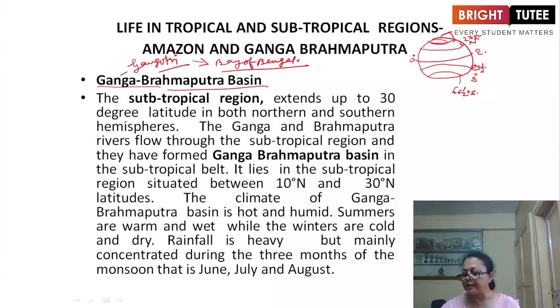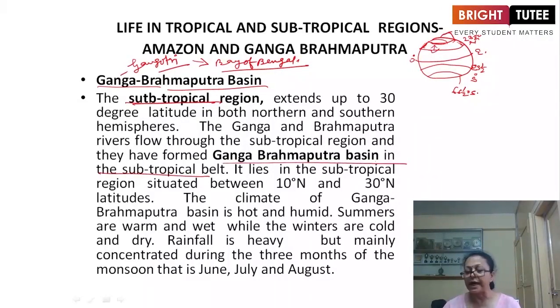So in between the 30 degree north and the 30 degree south, this region is known as the subtropical region. This extends up to 30 degree. The Ganga and Brahmaputra river flows through the subtropical region, and they have formed the Ganga Brahmaputra basin in the subtropical belt.